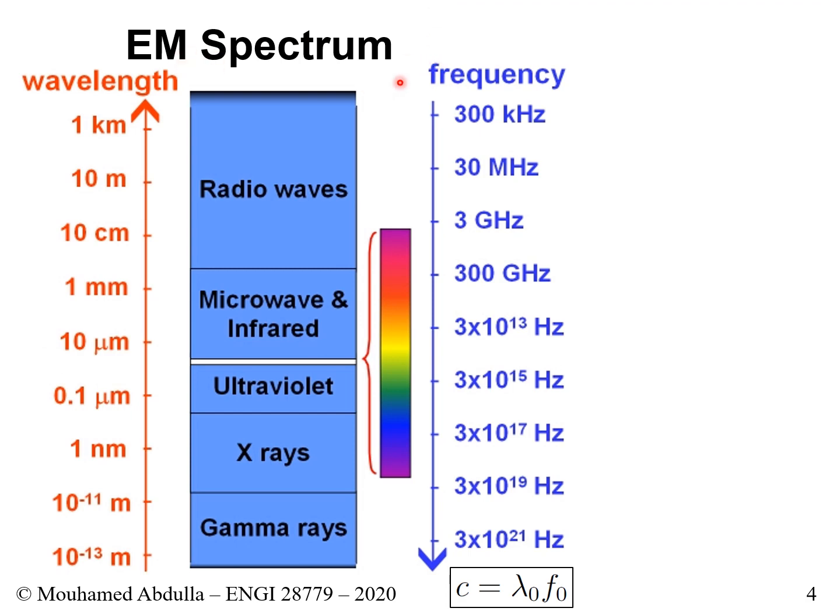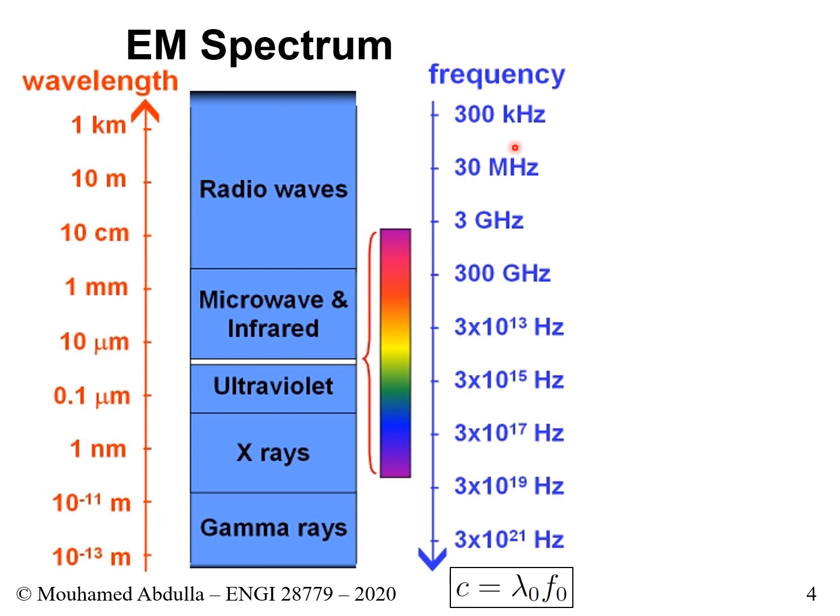But the electromagnetic wave, we could say, is anywhere from 500 kilohertz all the way to 3 times 10 to the 21 hertz. As you can see, there are two classifications here. You have frequency, going from lower to higher frequency, and you also have the wavelength. They are related. When you talk about the spectrum, you could either say the wavelength of a certain categorization or its frequency.